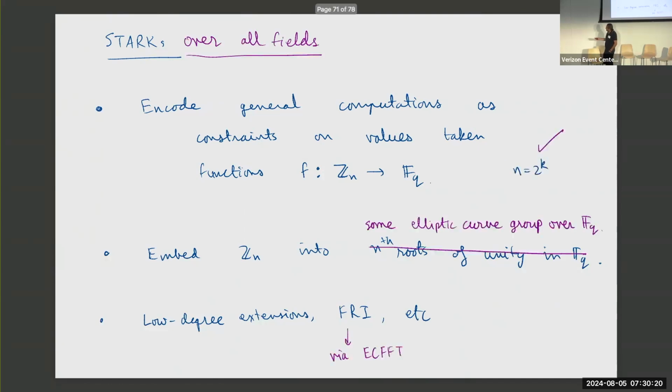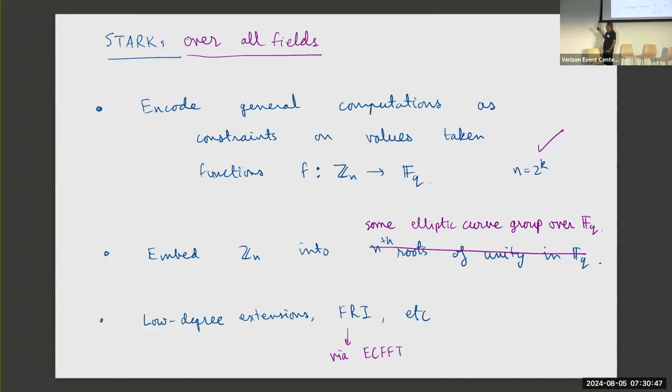So to do it over all fields, we start with the exact same representations, the exact same AIRs that we use to define general computations. And then the Zn that we have, we now embed not into the nth roots of unity over Fq, which may or may not exist, but into an elliptic curve group, which is isomorphic to Zn.